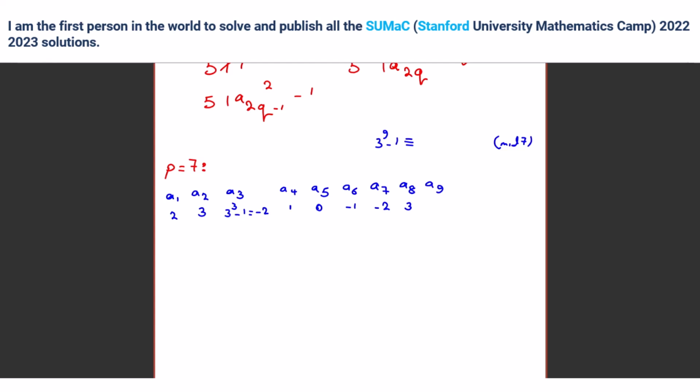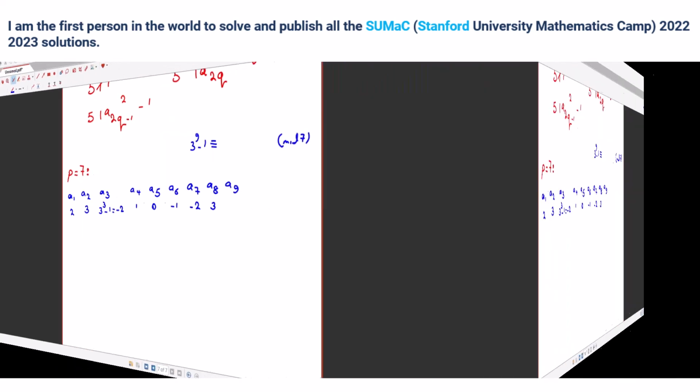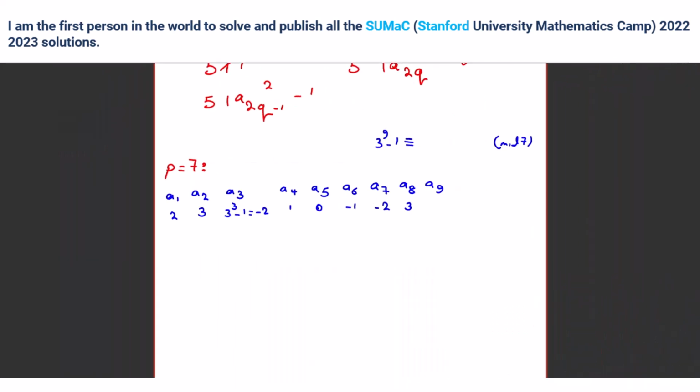Okay, so 3 squared is 9, 9 to the 4 is 2 to the 4, times 3 minus 1. 2 to the 4 is 16, 6 minus 1, 5. So still we don't have a good pattern.